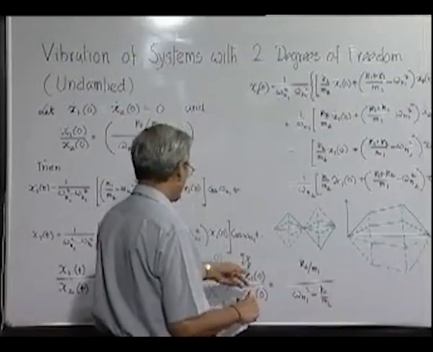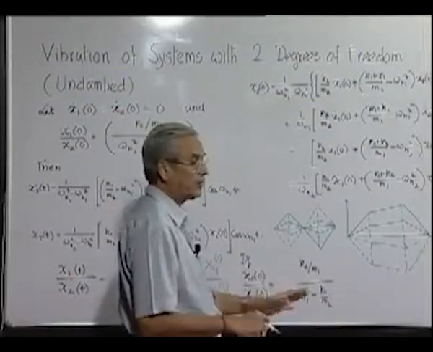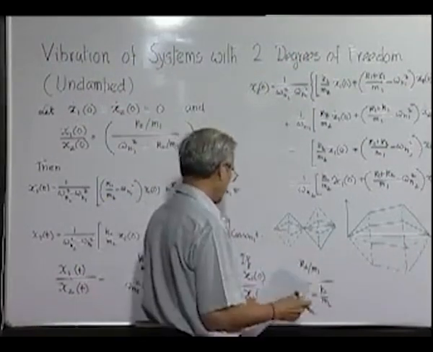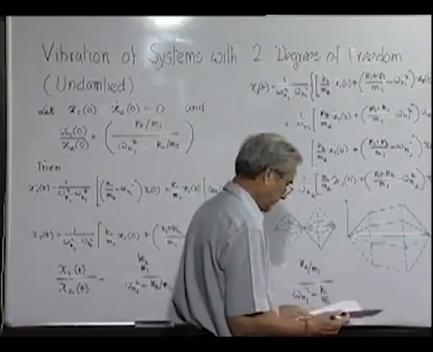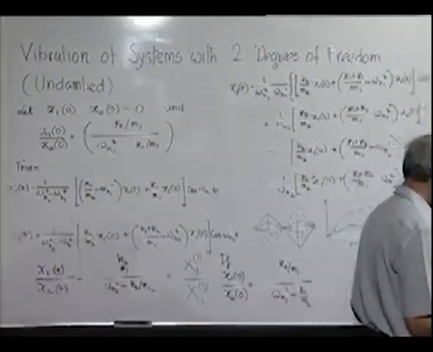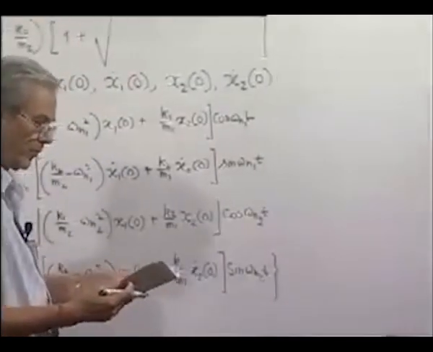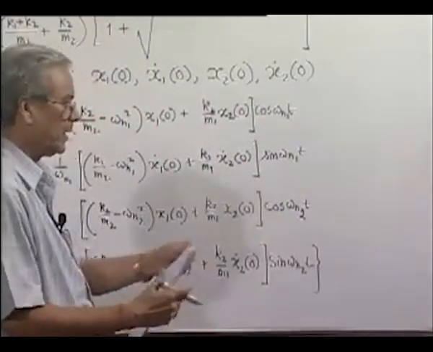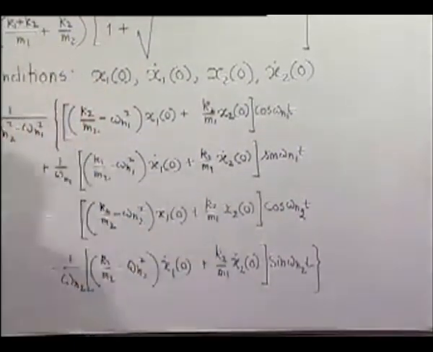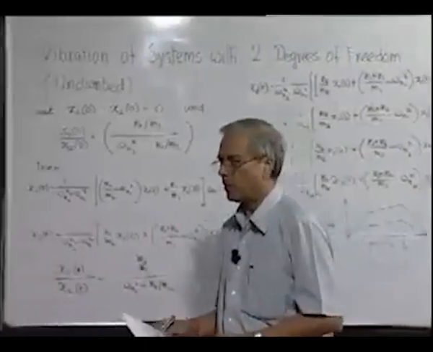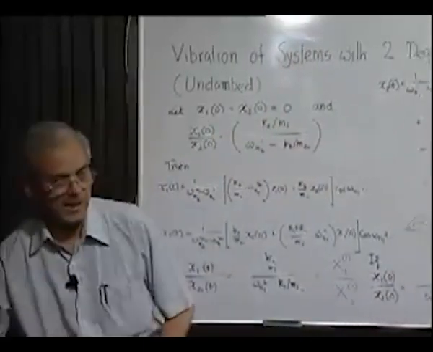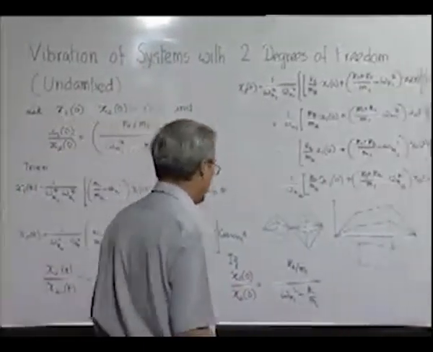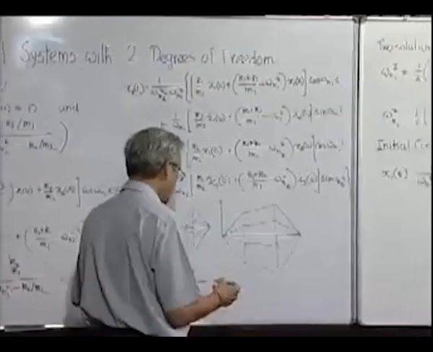So, mode shape will be something like this, and the extreme positions will be something like this, all the time they will vibrate. They are in opposite. So, the ratio x1 0 by x2 0 will be a quantity which will be negative in that case, as you can see.